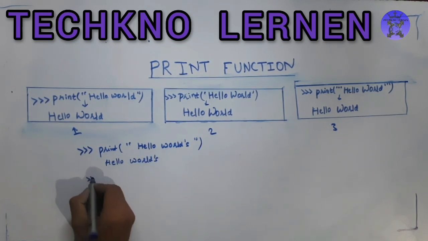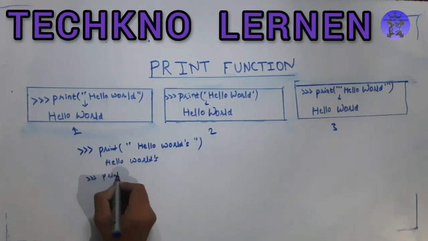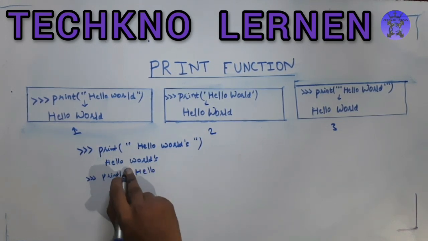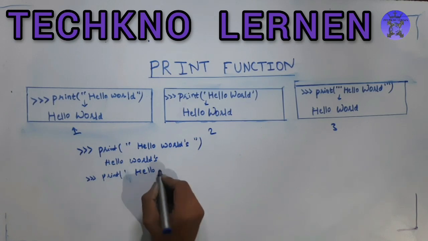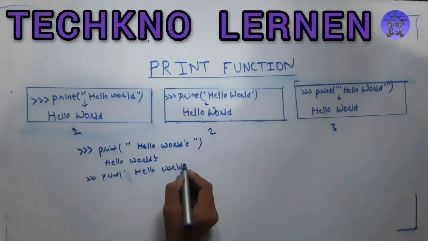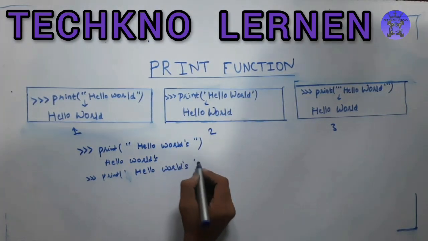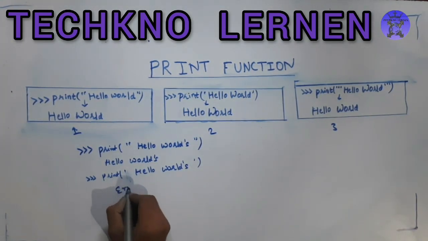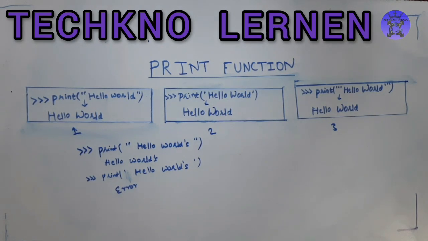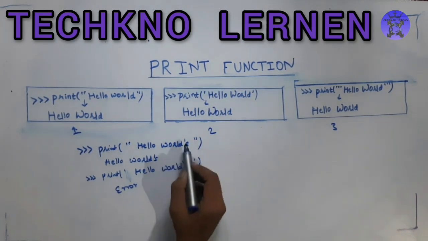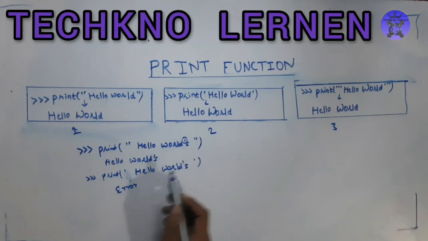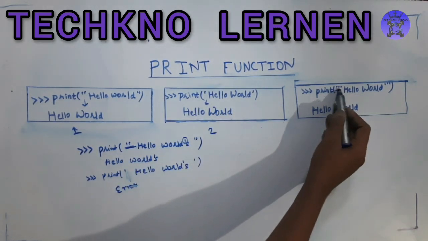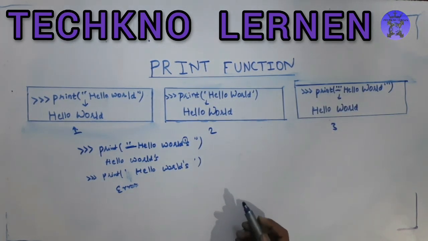But let us suppose that you write print hello, and here you only use a single inverted comma and then again use this statement, then you are likely to get an error. Therefore, in this statement if you want to write a single inverted comma, then you have to use either a double inverted comma or a triple single inverted comma.